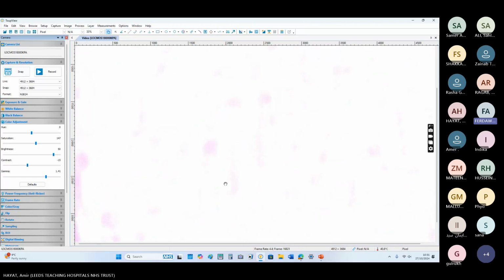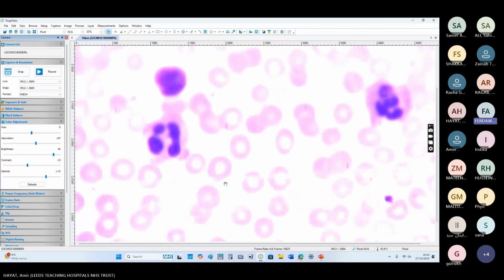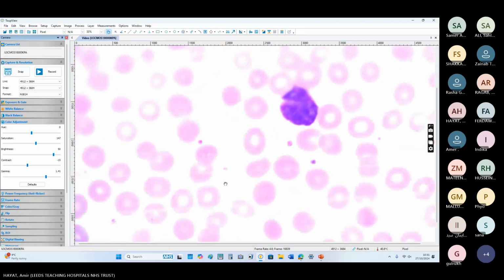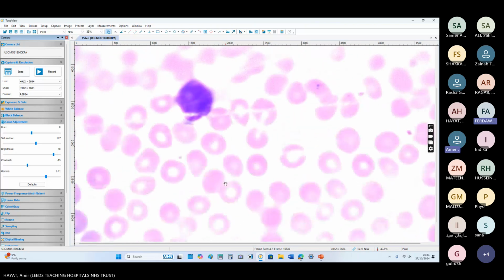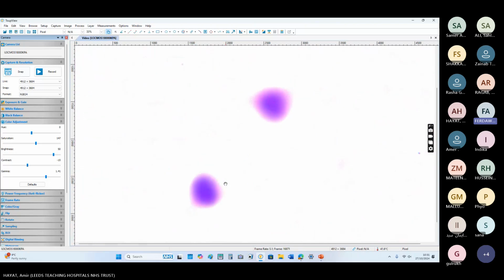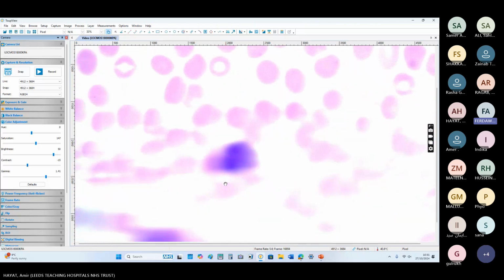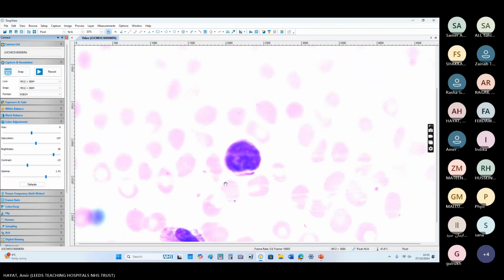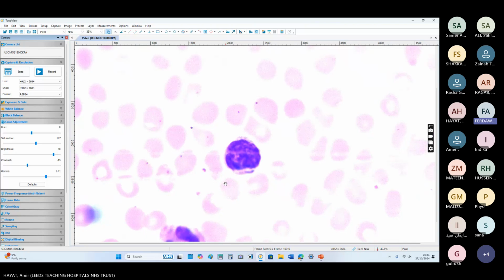Is it easy to differentiate, or do you need to be suspicious? Because what I saw now, you have to be on high power to judge that this is Sézary rather than just mature lymphocytes. Am I right?